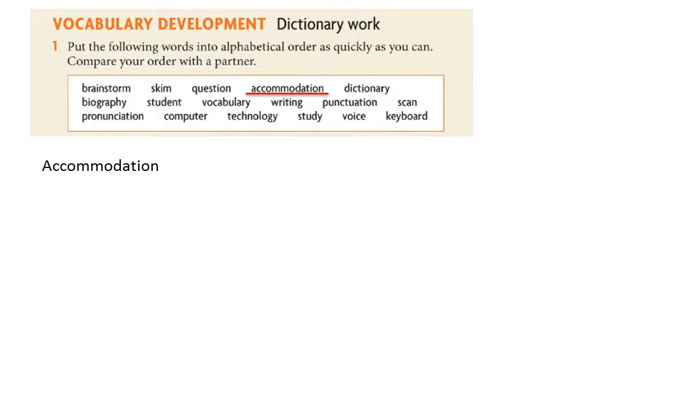We don't have another word started with A. So we can now look for words started with the letter B. We have two words started with the letter B, which are brainstorm and biography.